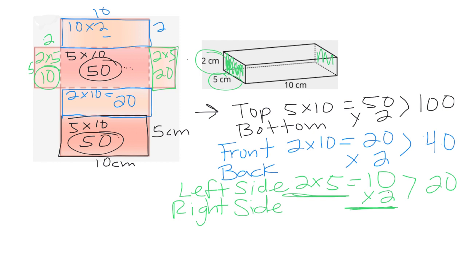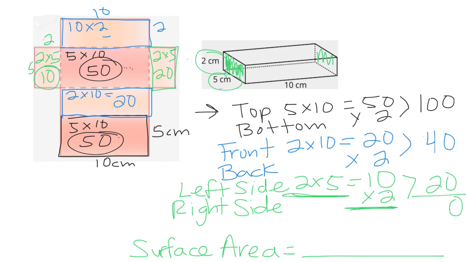Okay, now to find our total surface area, I'm going to write that down here. We need to add the area of each one of our 6 faces that we found. Okay, so I'm going to start here with my ones. 0 plus 0 plus 0 is 0, and 0 plus 4 plus 2 is 6, and 1 plus 0 is 1.